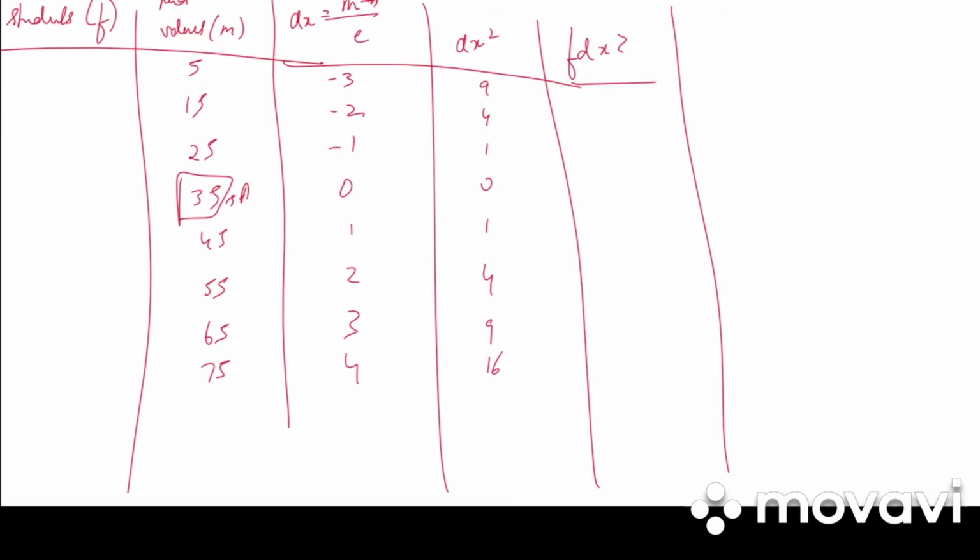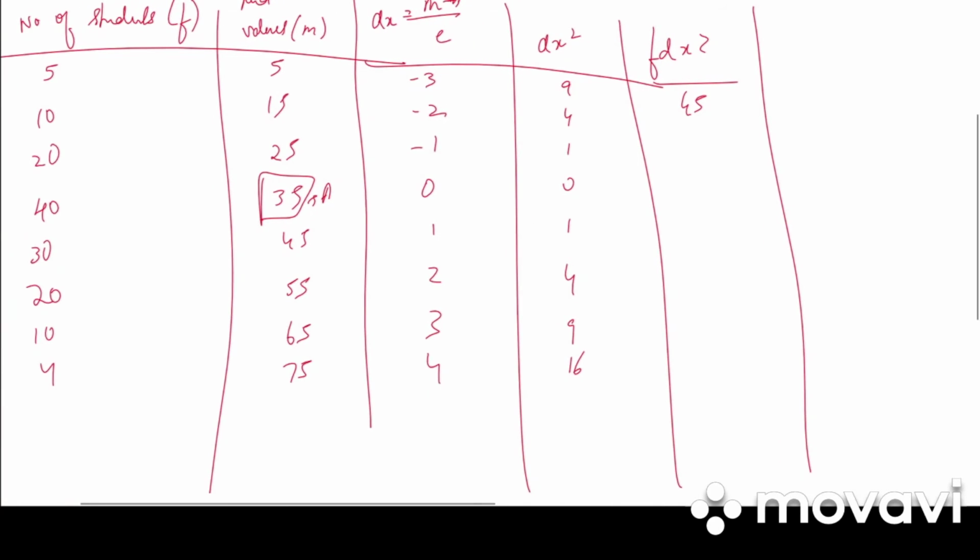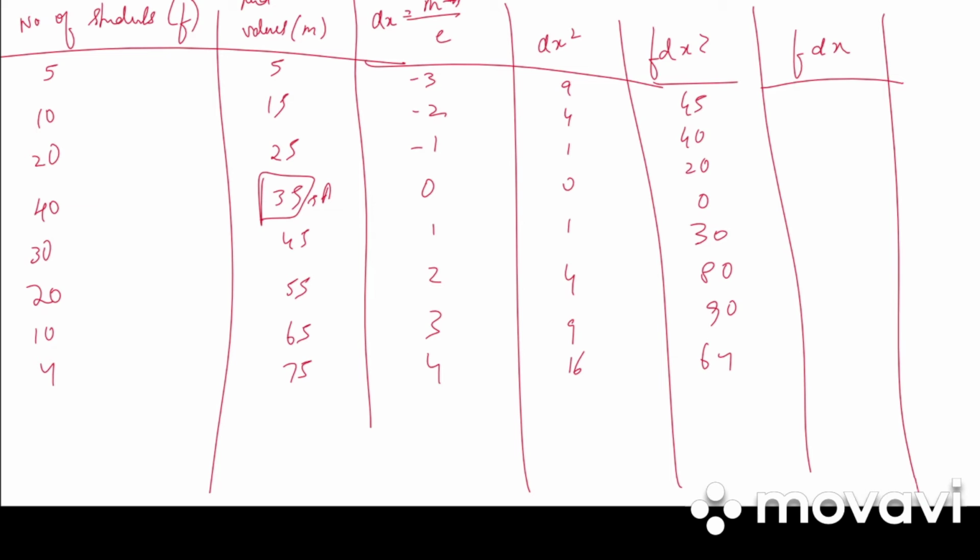So 9 5s are 45, 4 10s are 40, 2 1s are 20, 0, 30, 80, 90, 64. Next we need to find f dx. So 5 3s are minus 15, minus 20, minus 20, 0, 30, 40, 30 and 16.